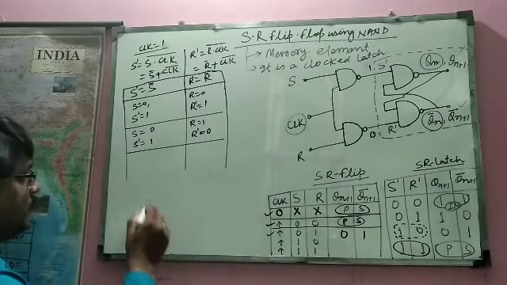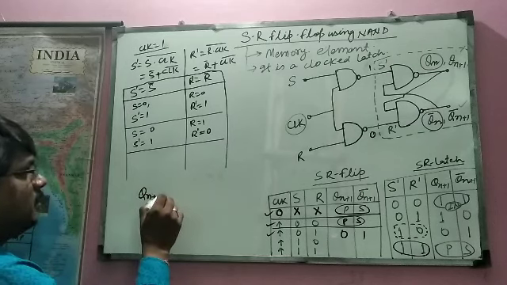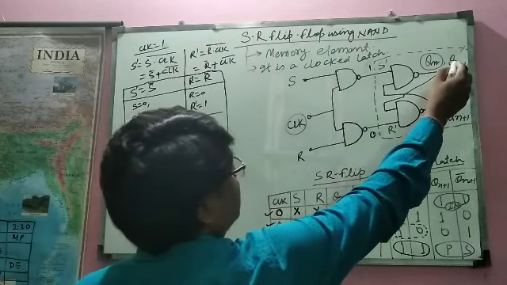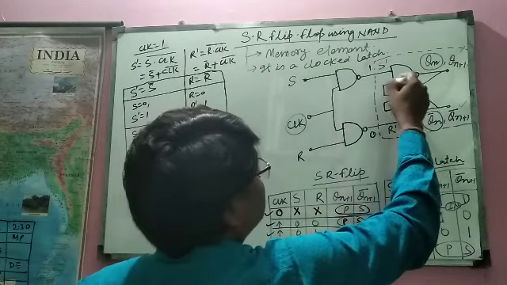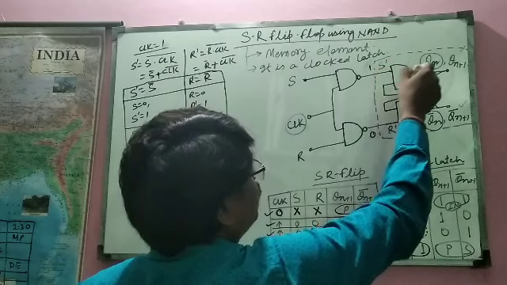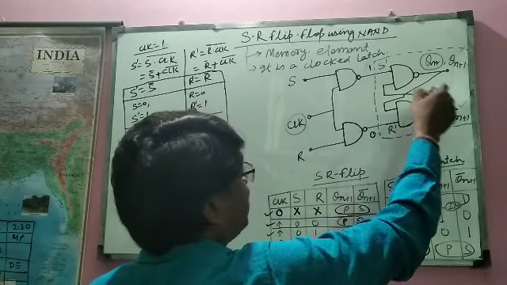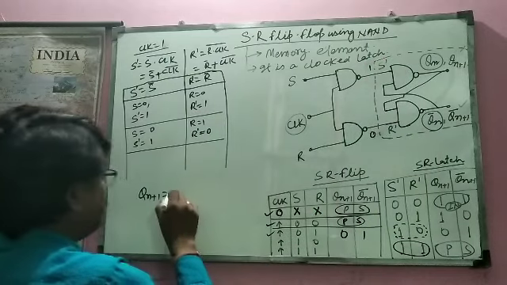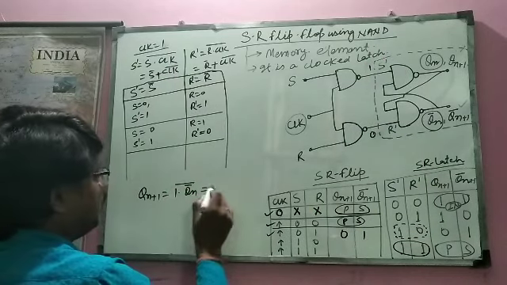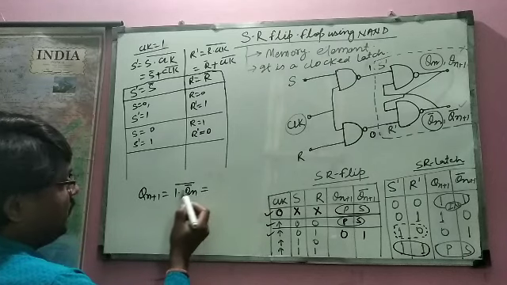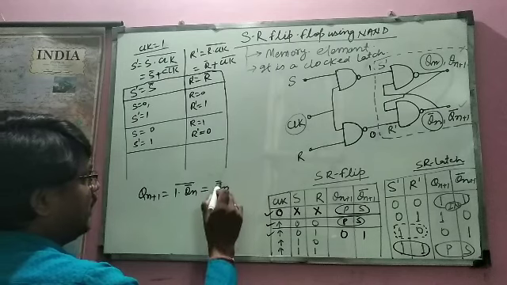So let us see how we can get that. Qn plus 1, this one I am calculating, will give the multiplication of these two bar. Here it is coming from here, that is Qn bar, and from here it is 1. So it is 1 into Qn bar complement. Multiplication of 1 with anything gives the same thing, Qn bar.